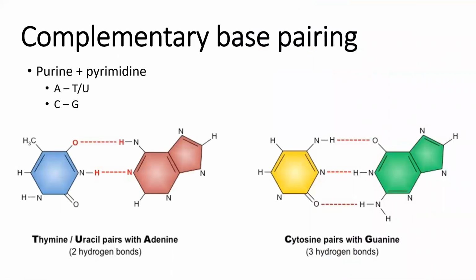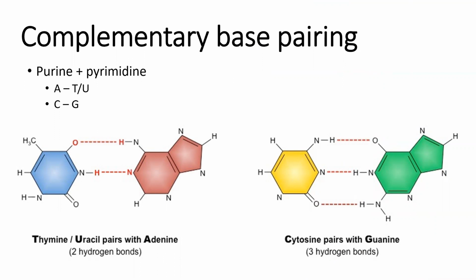All right, there's a concept in nucleic acids that we have to discuss, and that is what's known as complementary base pairing. Basically, you take a purine and a pyrimidine. So you're going to have adenine bind to thymine and cytosine bind to guanine.